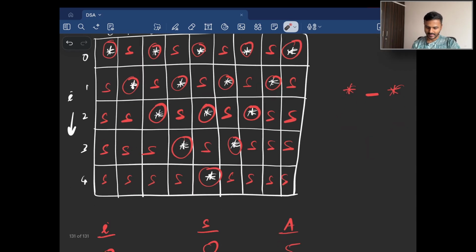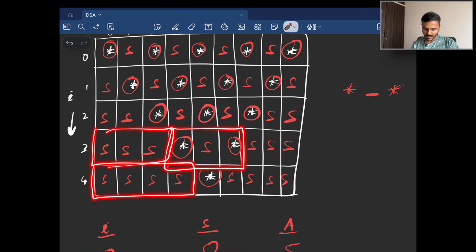Then when I is 1, we print one space first and then start printing asterisk followed by space. And when I is 2, we'll print two spaces first and then start printing asterisk followed by space. Something similar holds for I equal to 3 and I equal to 4.